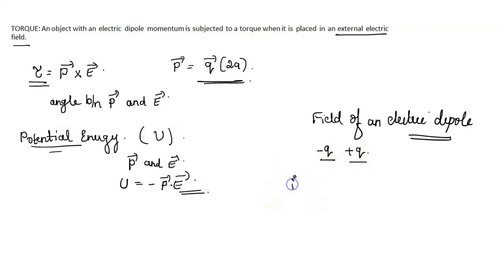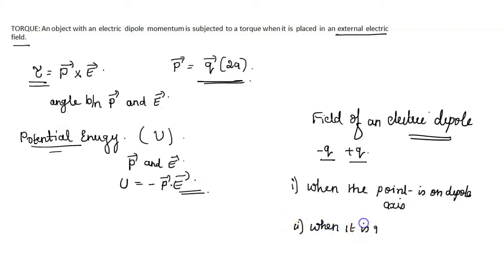First, when the point is on the dipole axis, and second, when the point is on the equatorial plane of the dipole.